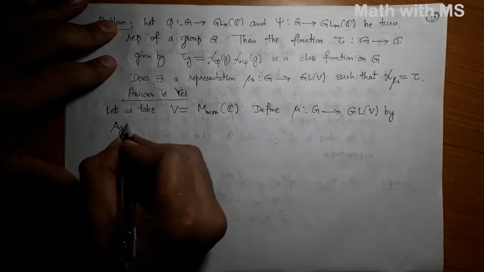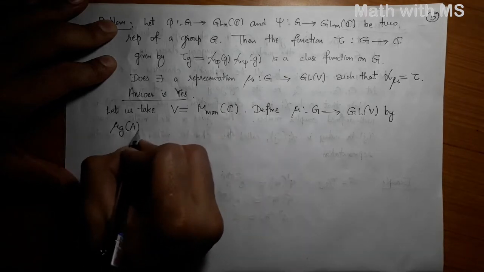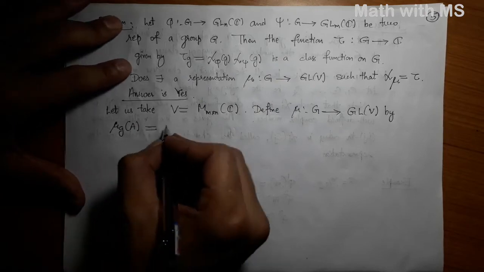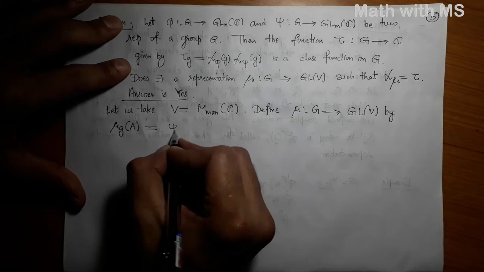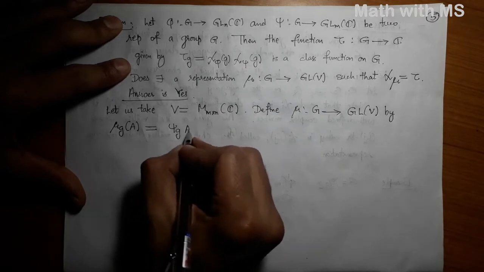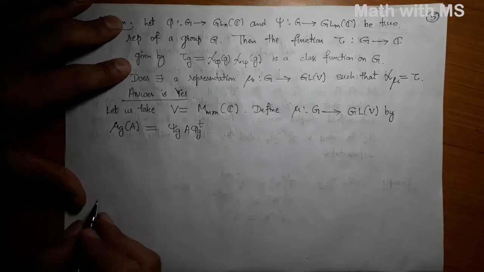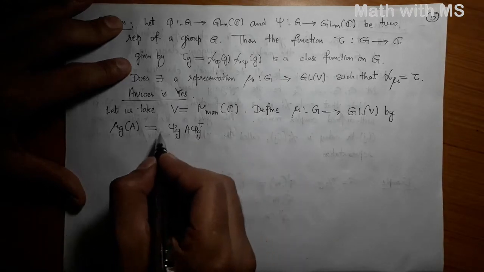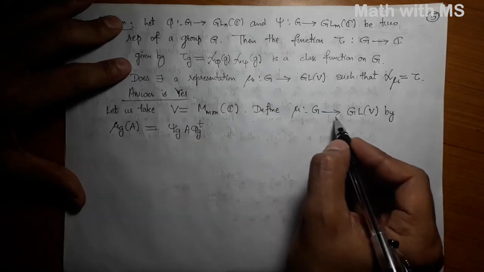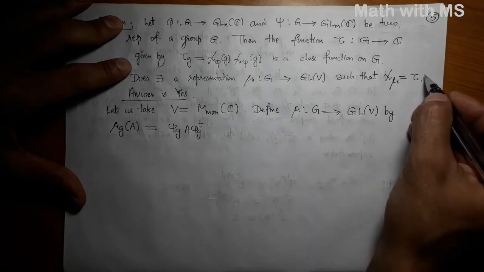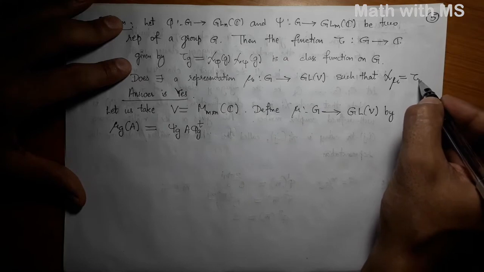So mu(g) will act on an m by n matrix A, and it has to map it to another m by n matrix, and the choice here is to define it to be psi(g) A phi(g) transpose. My claim is that this mu is in fact a representation of the group G, and its character is precisely the class preserving function tau.